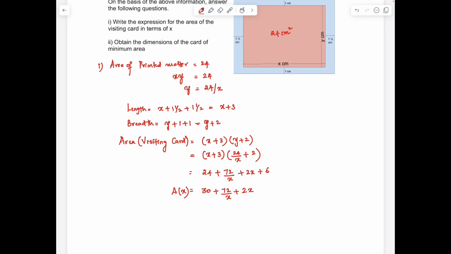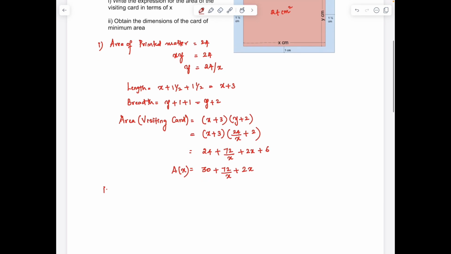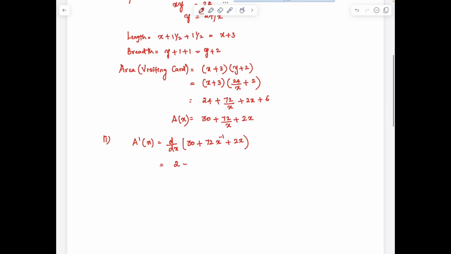Second subdivision, obtain the dimensions of the card of minimum area. So to proceed, let us differentiate A of x. d by dx of 30 plus 72 times x power minus 1 plus 2x, which is 2 minus 72 by x square.